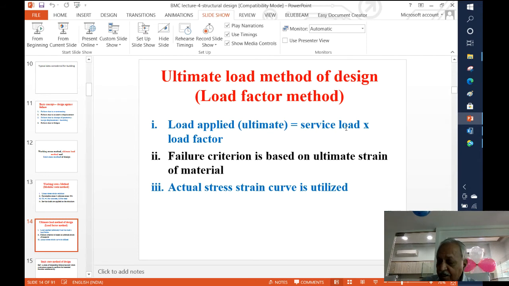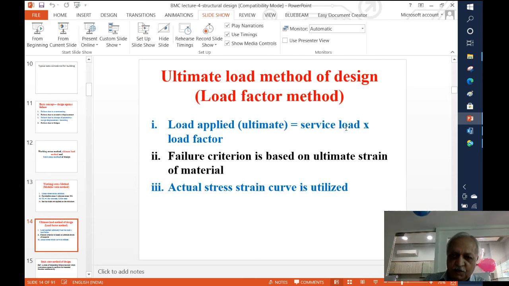So I will design the structure in such a way that at 1.8 times the service load, the section is so provided that it will develop the ultimate strain. So I am guaranteeing that if you increase the load by that factor, 1.8 times, then failure is guaranteed.